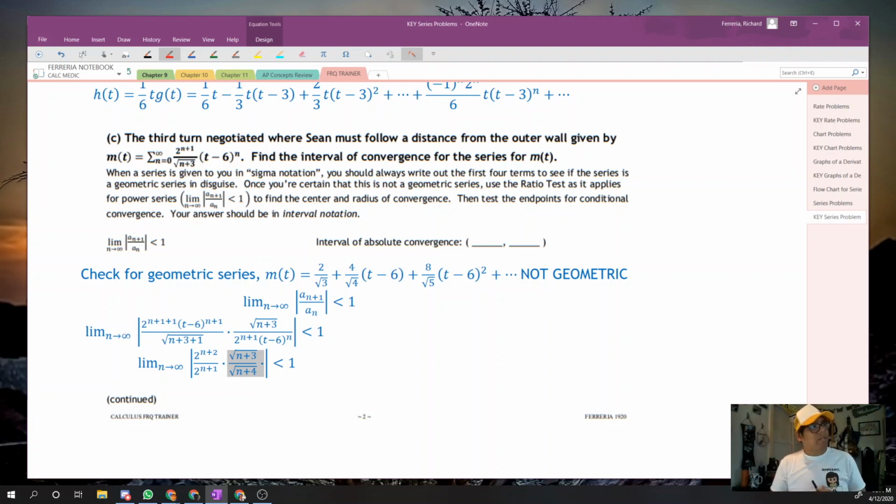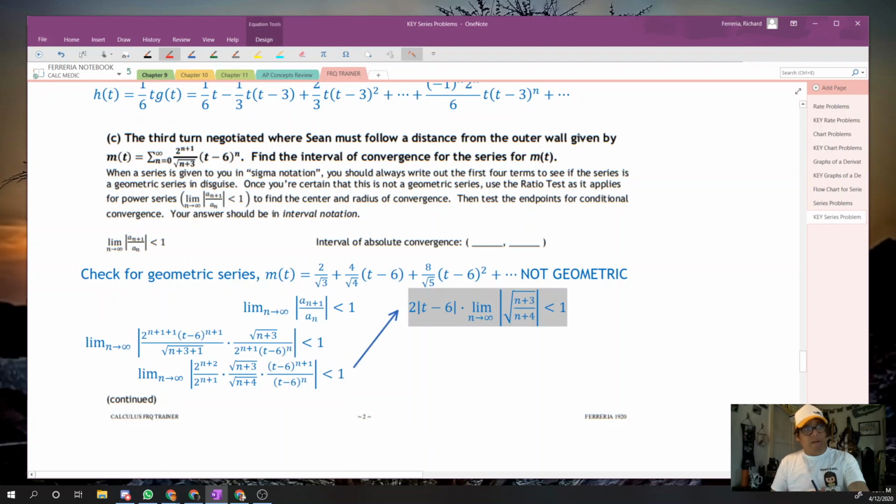Not a whole lot of simplifying other than putting them in the same square root. And the last one is going to be the t minus 6. You've got t minus 6 to the n plus 1 power over t minus 6 to the n power. The n powers are going to cancel out, and you're just going to get t minus 6 to the first power, or just t minus 6. Running out of room here, so let's go up there.